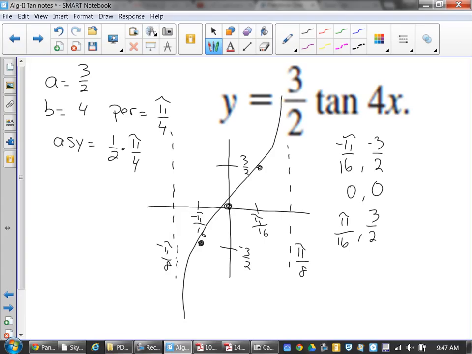So my asymptotes would be at x equals plus or minus pi over 8. That's fine. Be careful when you do your shifting, though. They might not be the same value. You could have pi over 4 and pi, maybe, it depends on the period and whatnot. But if they're the same, if you want to write it as x equals plus minus, that's fine.